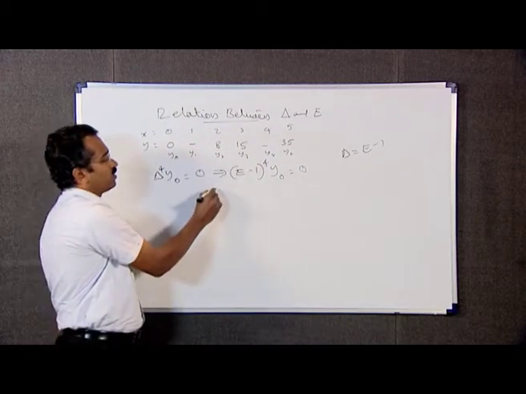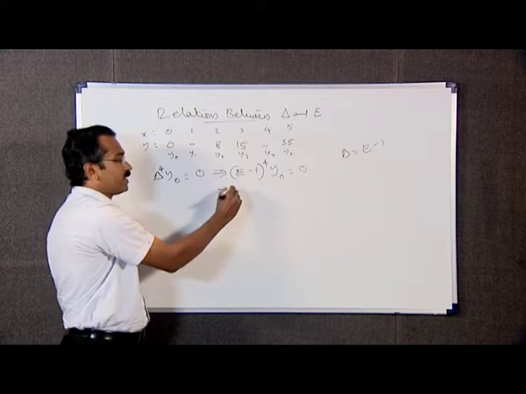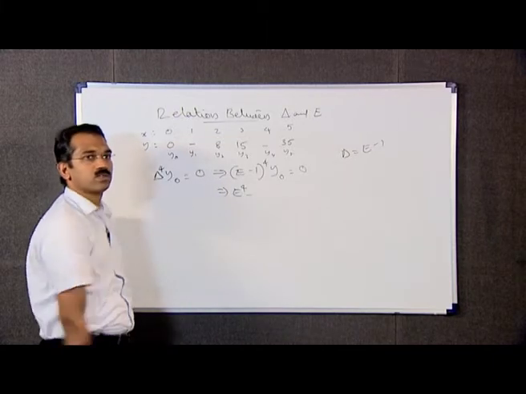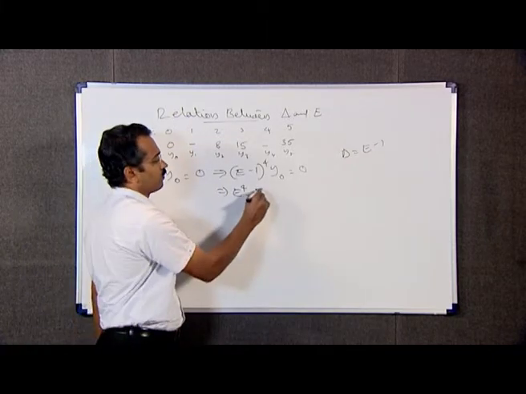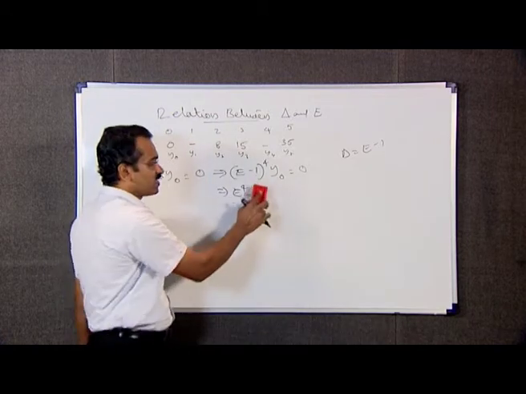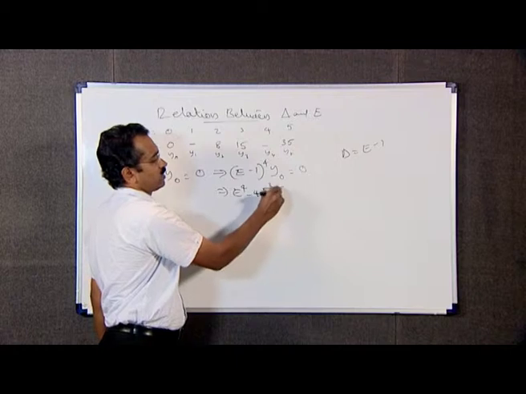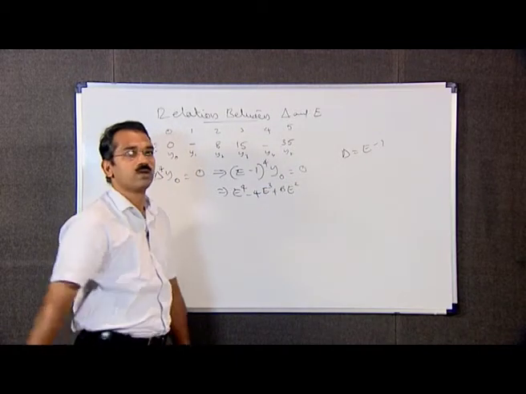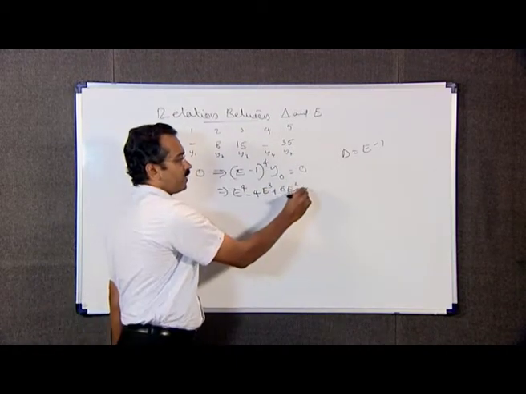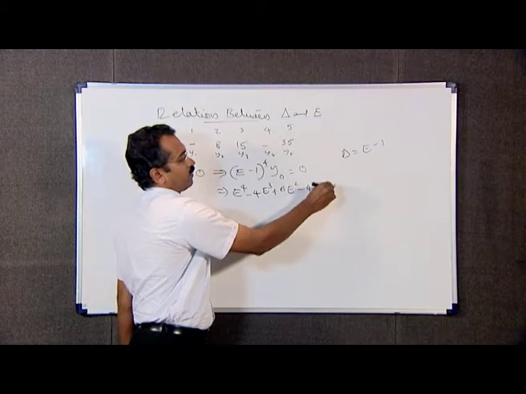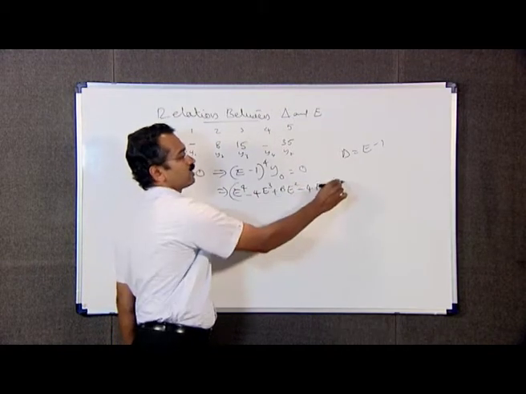By expansion, this implies E raised to 4 minus 4E cube plus 6E square minus 4E plus 1 of y naught is equal to 0.